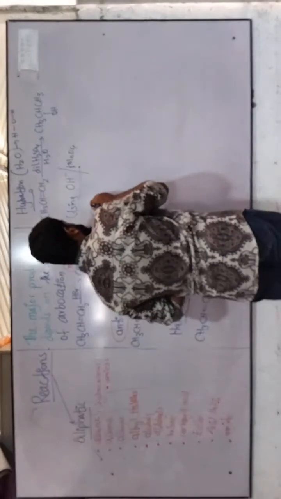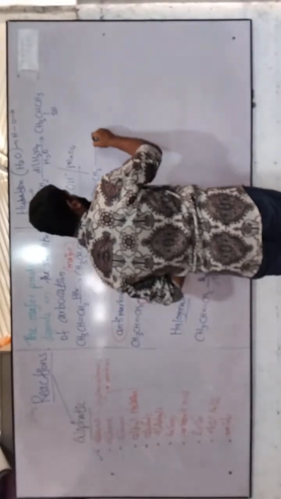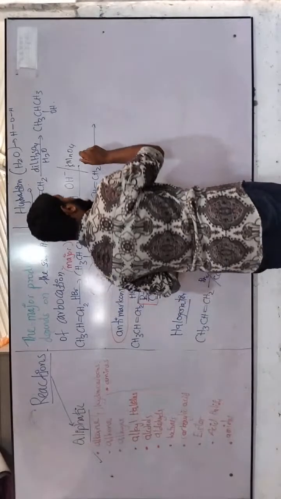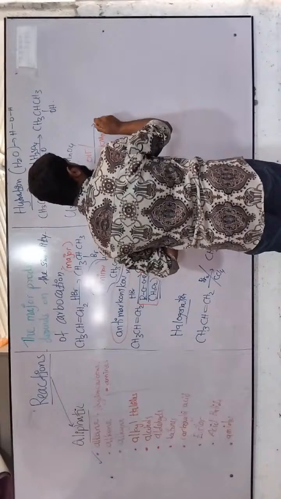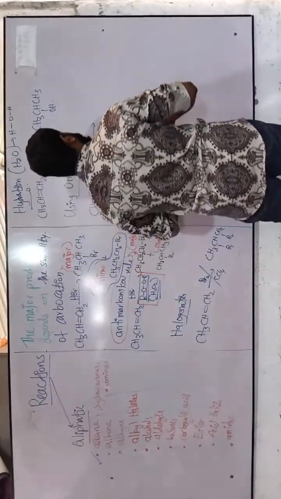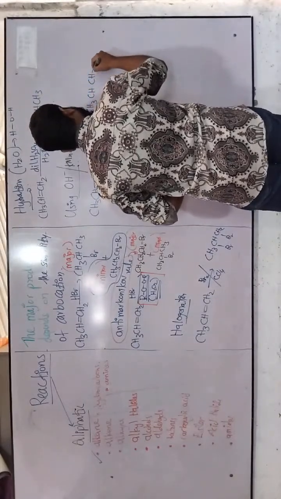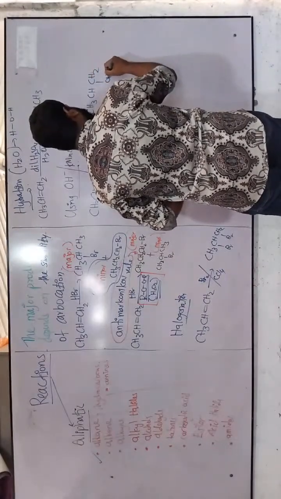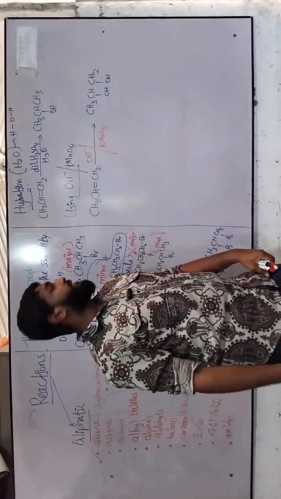If you use CH3, CH double bond, CH2 under basic medium potassium permanganate, obviously you will get a compound which looks like this.